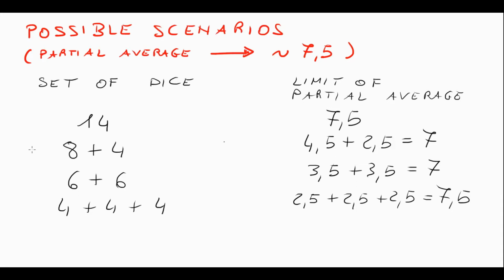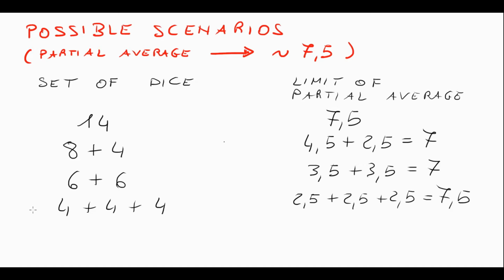Taking into consideration a 2-dice system, either an 8-face die plus a 4-face die or 2 6-face dice might be the correct answer, since both systems converge to a partial average equal to 7. Even a system made up by 3 4-face dice converges to 7.5.